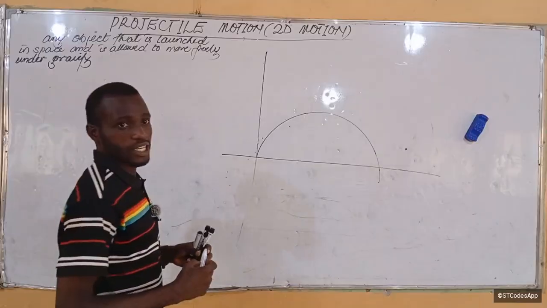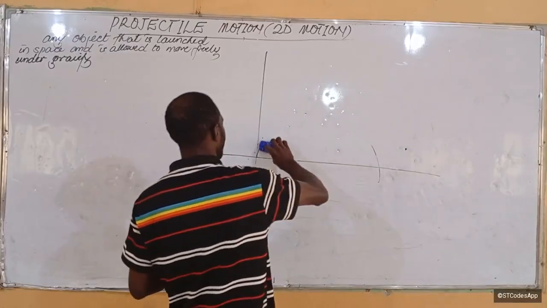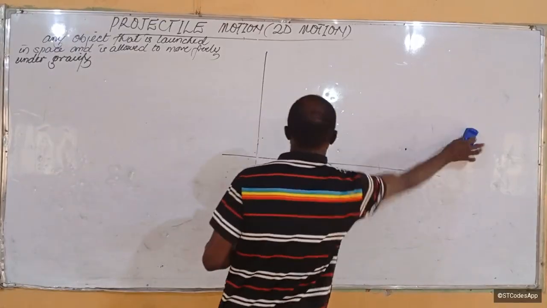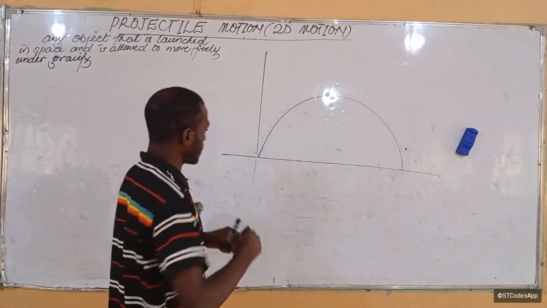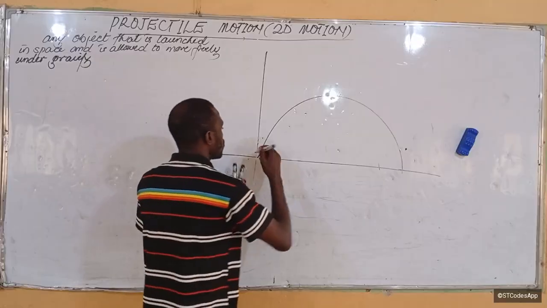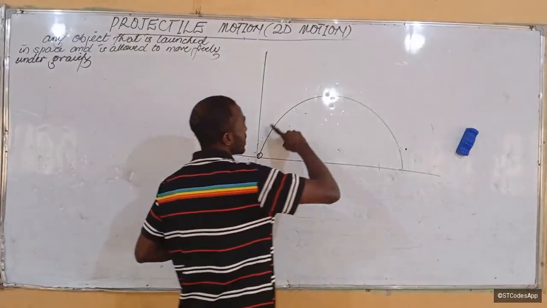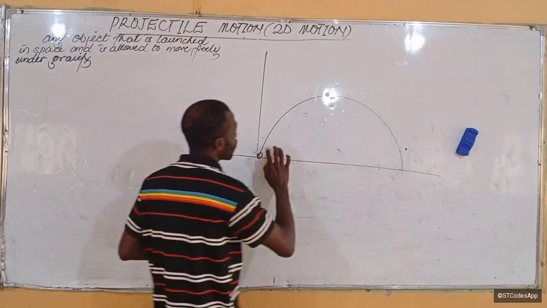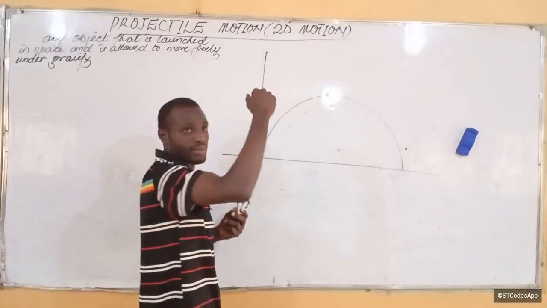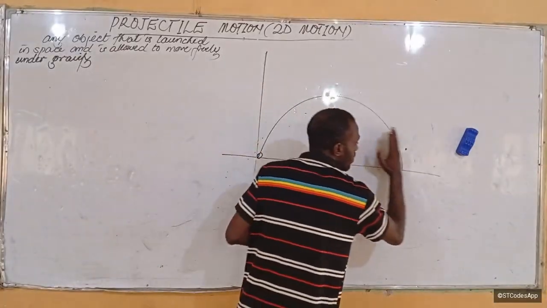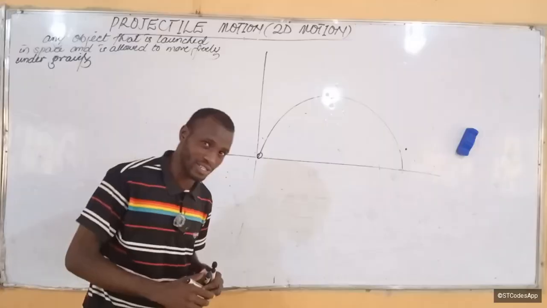Let me make it bigger. Let's say it were a ball. If I kick it, it's going to move like this. It is going in the vertical direction, and at the same time it is going in the horizontal direction. That's why we call it motion in two dimensions.